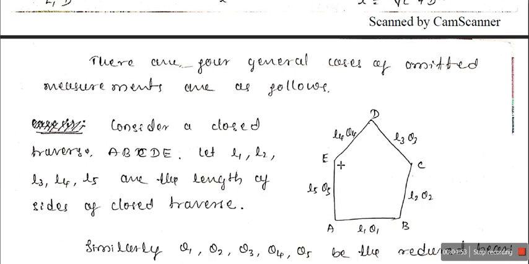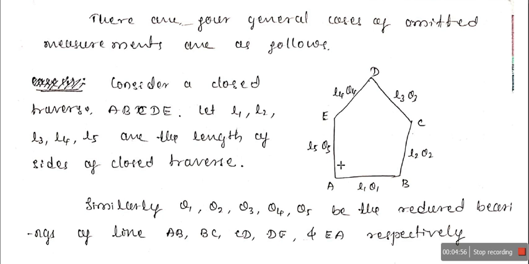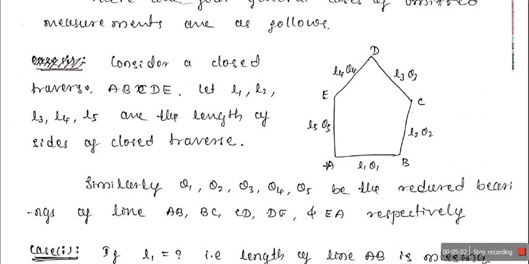So here there are a number of cases depending upon the missing quantities in the closed traverse. I am considering one of the simplest closed traverses, a pentagon. This is the closed traverse A, B, C, D, E. Here I have written the length and bearing theta for the first line L1 theta 1, L2 theta 2, L3 theta 3, L4 theta 4 and L5 theta 5.